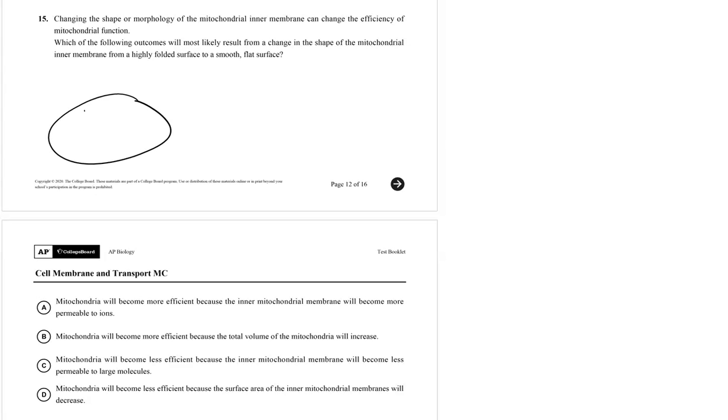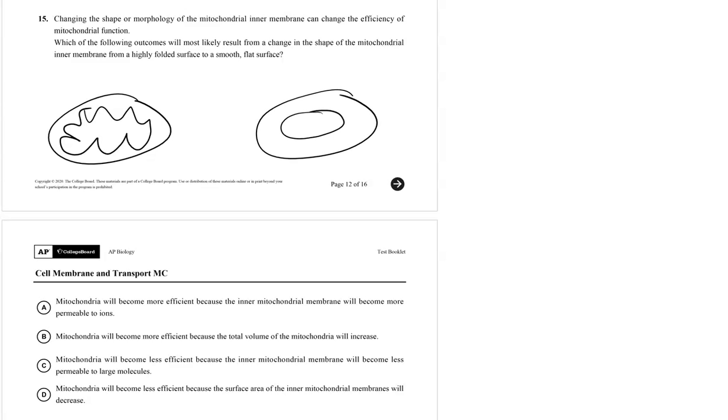So our mitochondria has that folded inner membrane, and if we took that and just made it a smooth, flat membrane, what would happen? Yep, this one has less surface area, right? That's the whole point of the folds, is to increase the surface area to make it more efficient.